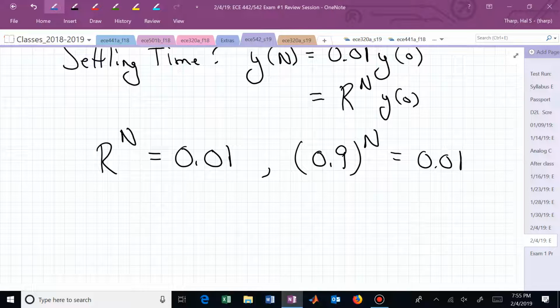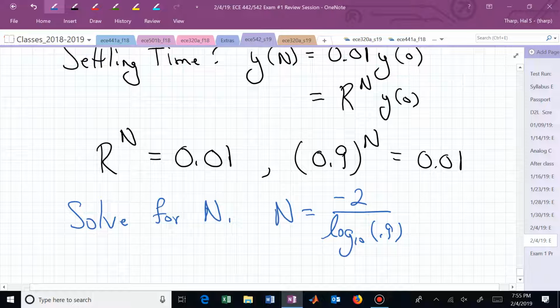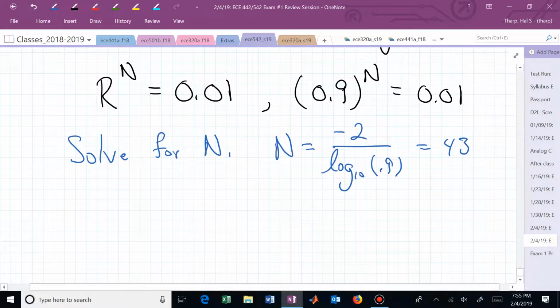Or we can use some logarithms to solve that. And n now becomes minus 2 log base 10 of 0.9, and that ends up being 43. So in 43 sample periods, we would be settled. We would have our 1% settling time.